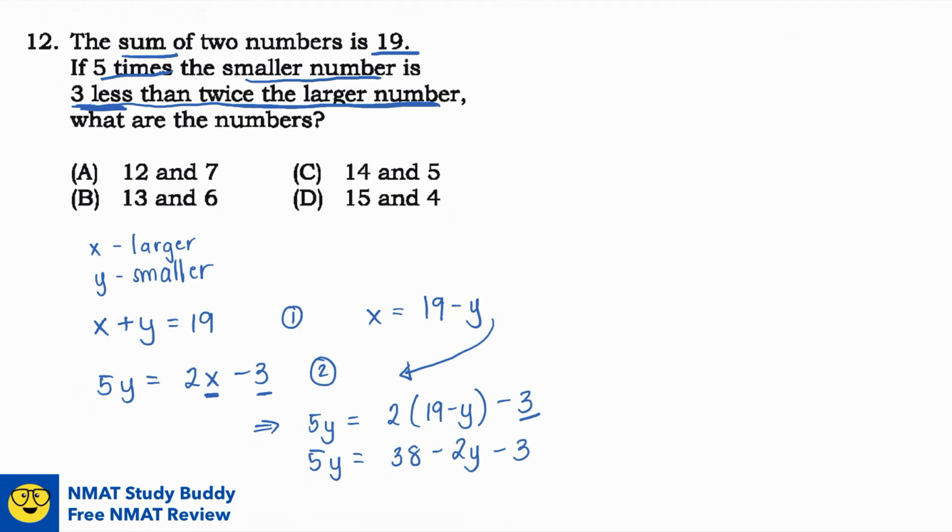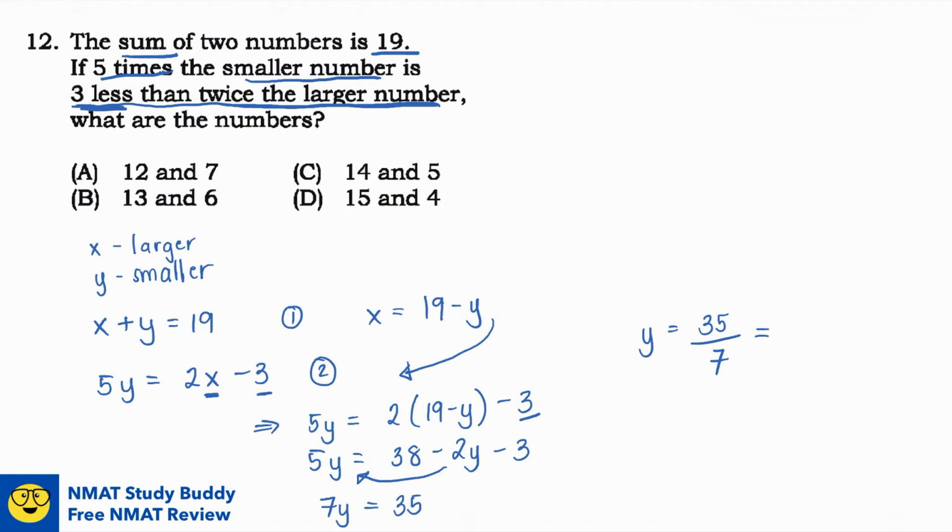So, minus 3. And then, kapag tinranspose natin yung negative 2 katabi ng 5y, magiging positive siya. So, magkakaroon tayo ng 7y is equal to 38 minus 3 is 35. So, ang makukuha nating sagot is y is equal to 35 over 7.